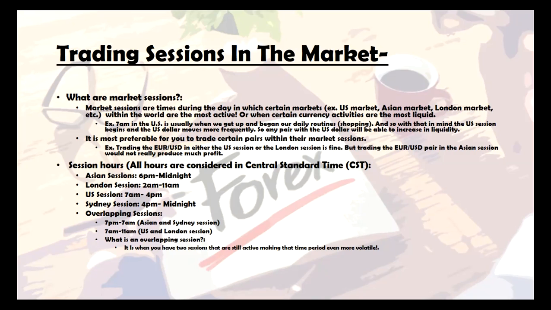And then you also have overlapping sessions, okay? So overlapping sessions are when you have two market sessions within one time period. So from 7 p.m. to 7 a.m., you have both the Asian and Sydney session active. From 7 a.m. to 11 a.m., you have the U.S. and London session active. And as I mentioned before, it is an overlapping session. It is when you have two sessions that are still active, making that time period even more volatile.